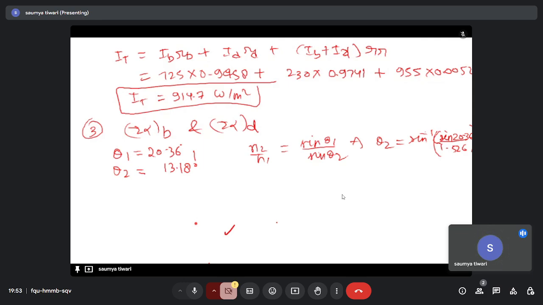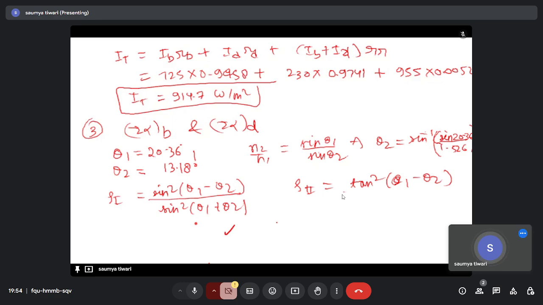Now, if you remember, we have solved similar questions. First we need to calculate the different components of the reflected rays, rho 1 and rho 2. Rho 1 is sine square (theta 1 minus theta 2) upon sine square (theta 1 plus theta 2), and rho 2, the second component, is tan square (theta 1 minus theta 2) upon tan square (theta 1 plus theta 2). If you put in the values, they will be 0.0512 and 0.0361.